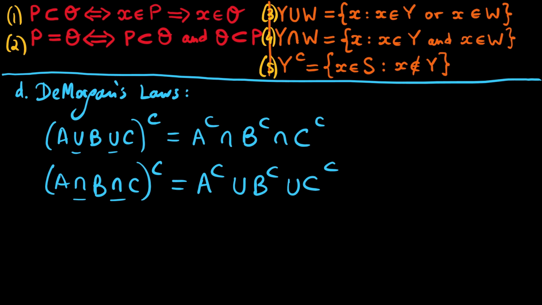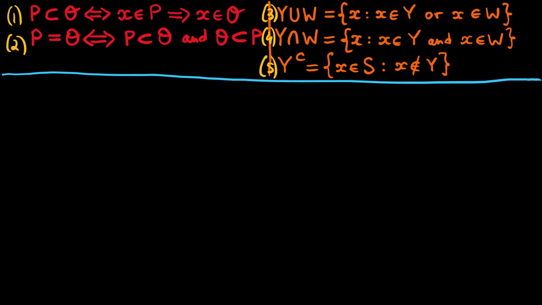Okay, so we've introduced these laws, but now let's convince ourselves that they actually are true. And so finally we're able to start doing some math, right? Because up to now it's just been introducing definitions and some claims. This theorem is just a bunch of claims. We haven't proven anything.